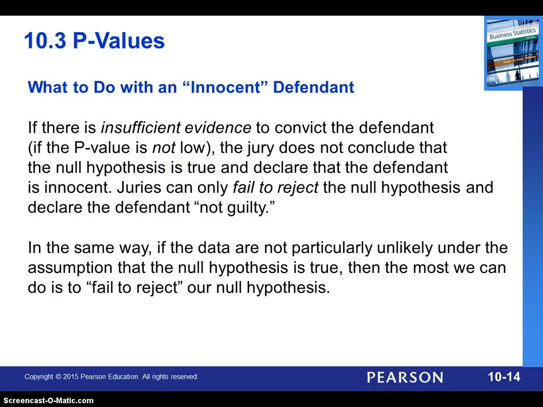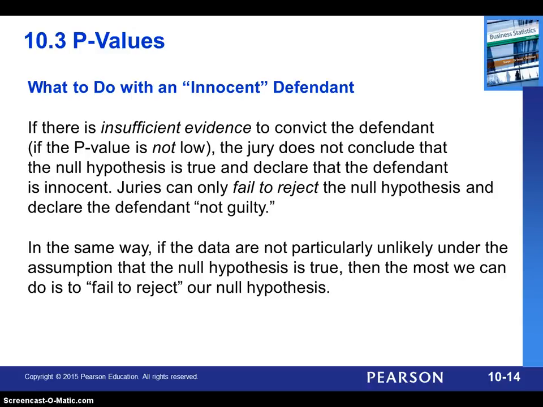And so if we think about a p-value in that situation, it would be like the defendant says I'm innocent, but then we find a murder weapon with their fingerprints on it and some of their blood on it and some of the victim's blood on it, and we say, if the null hypothesis is true, which is this person is innocent, isn't this evidence very unlikely? And that's exactly what it is. So this evidence would be very, very unlikely given that the defendant is innocent.